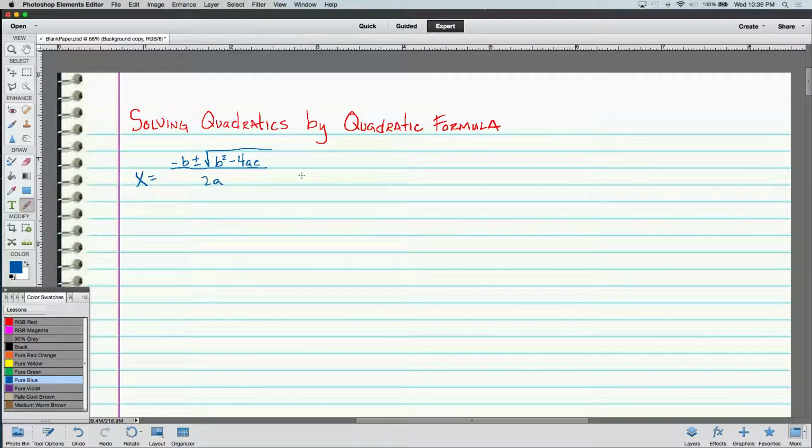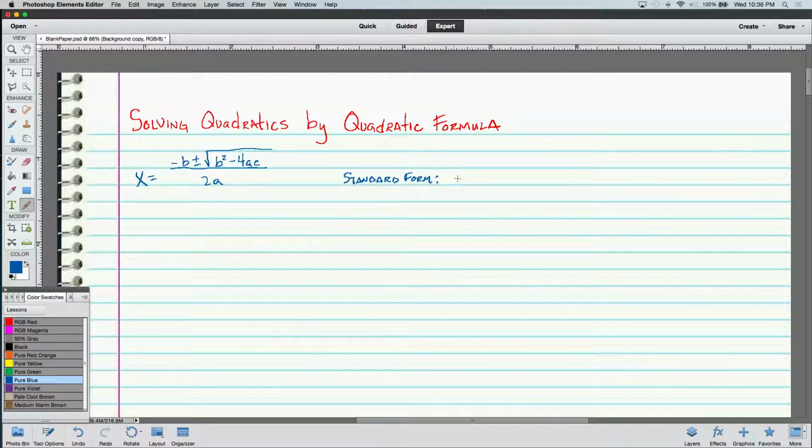And instead of factoring or completing the square or something like that, sometimes we want to use the quadratic formula, or we have to use the quadratic formula in order to solve for x. Another thing we have to be sure of is that we know what standard form is, because on all of these problems, if we cannot get it into standard form, then it's going to be hard to tell what a, b, and c actually are.